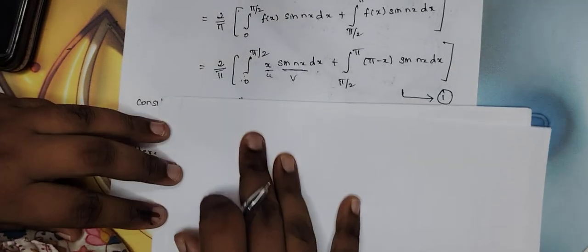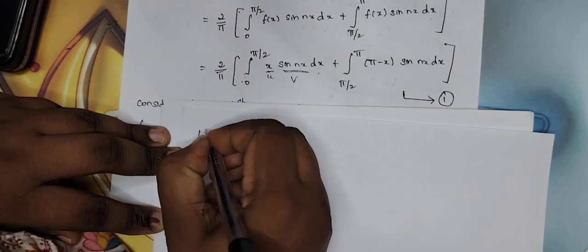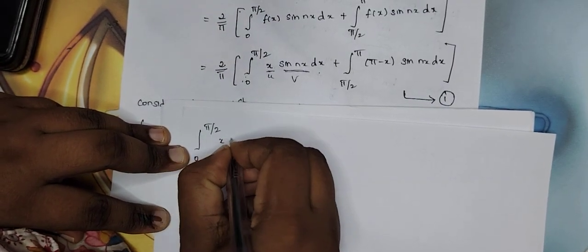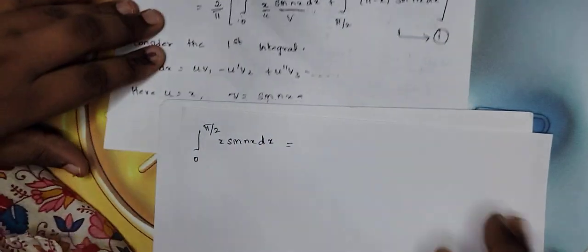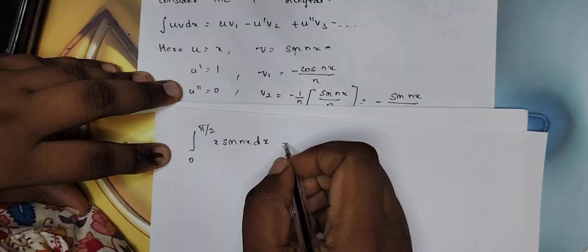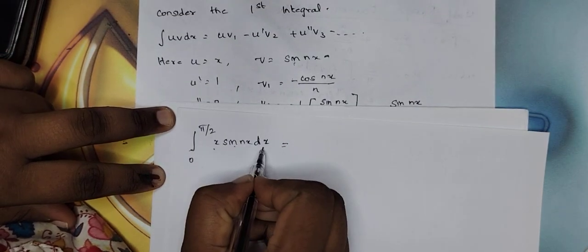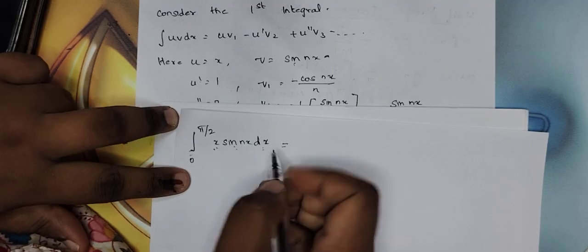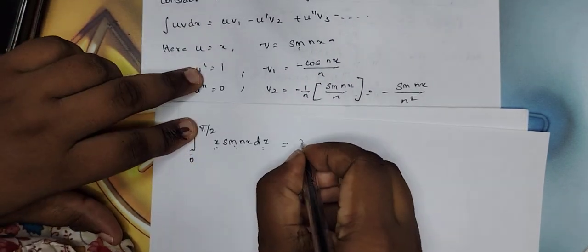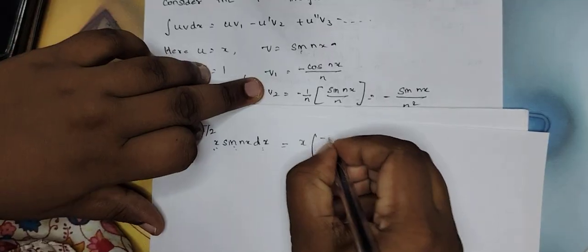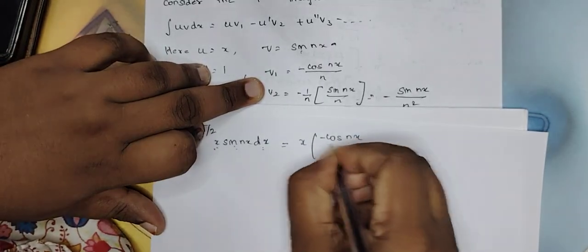So my given problem is the integral from 0 to pi by 2 of x sin nx dx. According to my Bernoulli formula, the integral of uv dx is equal to uv1. u is nothing but x, and v1 is minus cos nx by n.